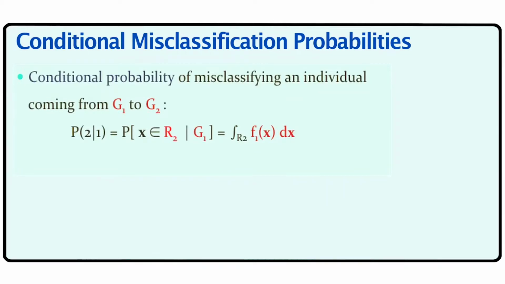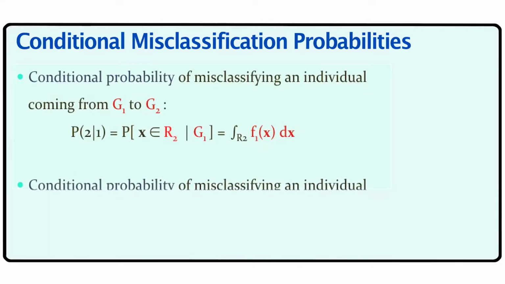It's given G1 because the individual comes from G1, and x belongs to R2 because he has been assigned to G2. Therefore, x must have been in R2. So, what is the probability that x should belong to the region R2 given that the individual has come from G1? This is given by the integral of f1(x) dx, which is the characteristic of the first group.